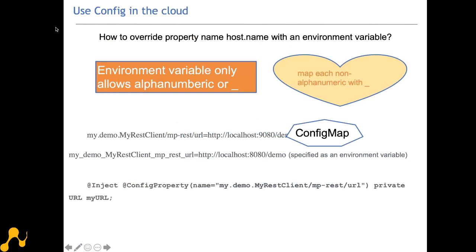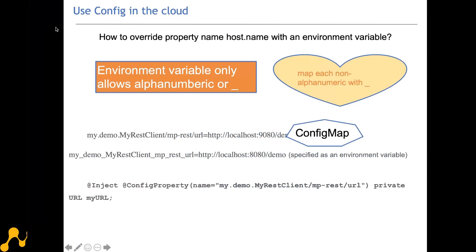However, I have the question: how can I specify host.name as an environment variable? If you haven't done this before, you may say, okay, I can just directly say host.name equals and specify a value.